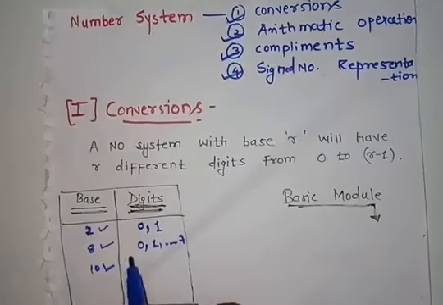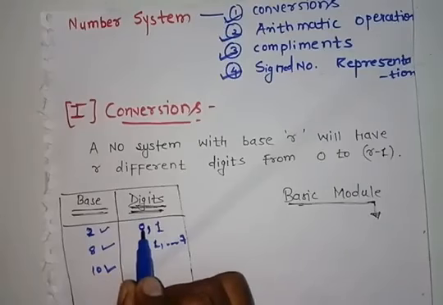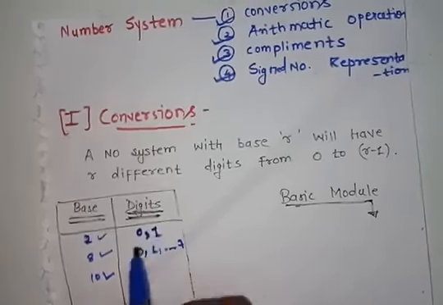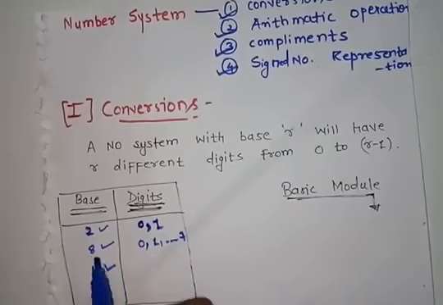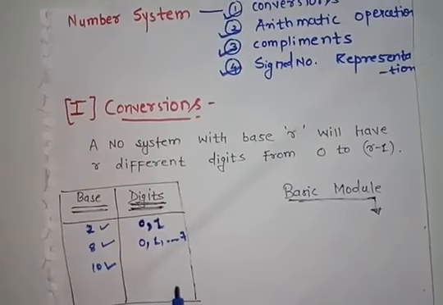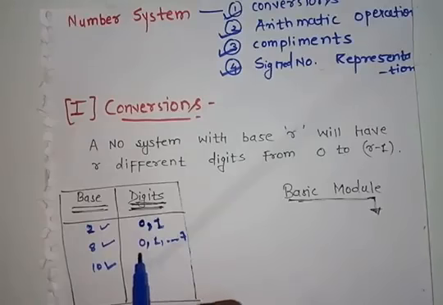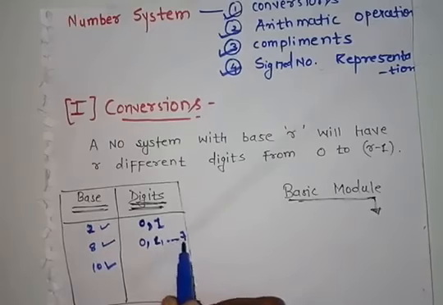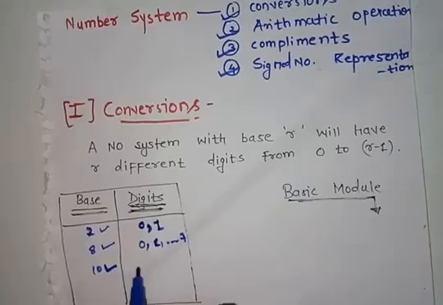Now, we know a binary number can be represented with two digits: first one is 0 and second one is 1. Then we have 8, which means we have octal number. Octal number can be represented with digits from 0, 1 up to 7. We have base 10, which means decimal number.